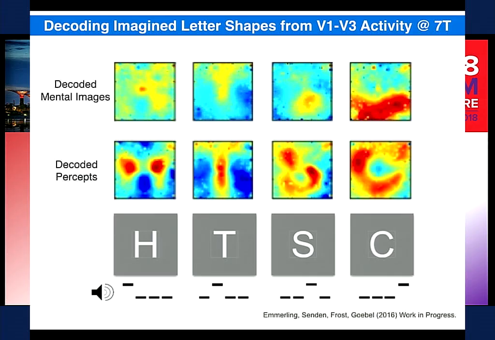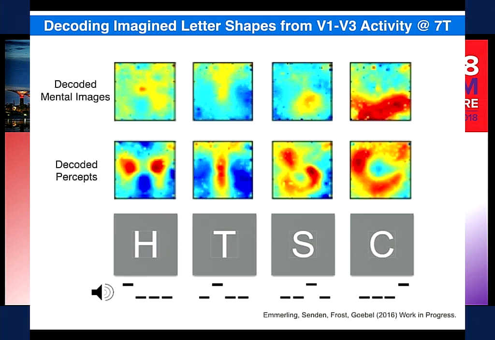But we use some fancy methods like deep learning methods, autoencoders, to let the networks, so-called deep learning networks, learn from these representations. So when people see these letters, we tell the deep learning network from the brain activity that corresponds to representations which correspond to this one.